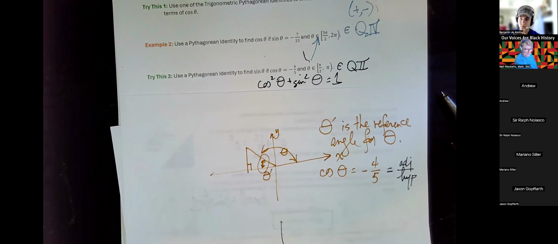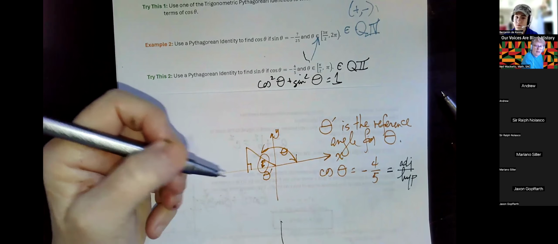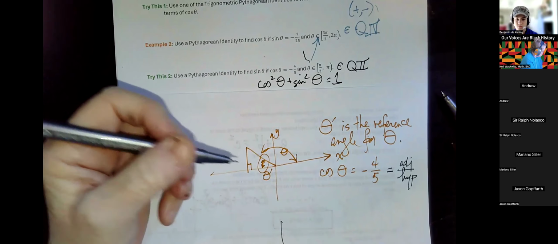No, that's right. And when we have a negative adjacent or any negative side, that has to do with direction and not a negative measure. So we think of this as 4 units in the negative x direction.